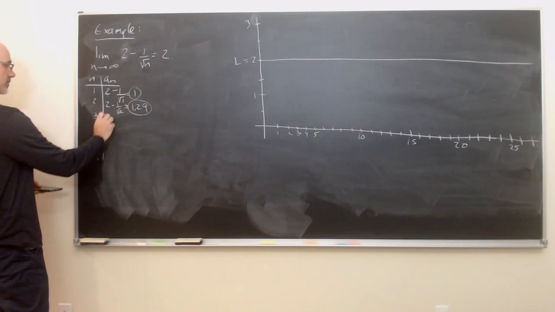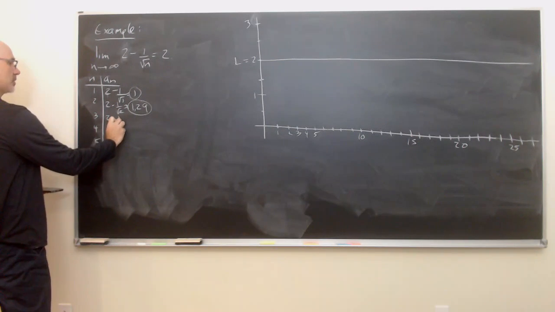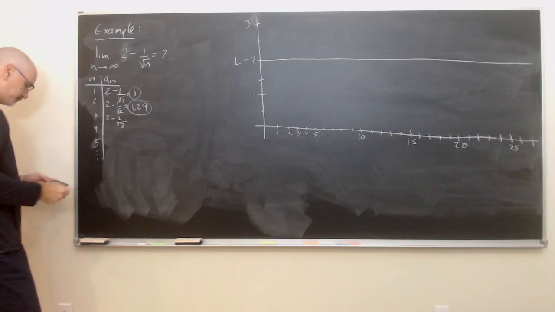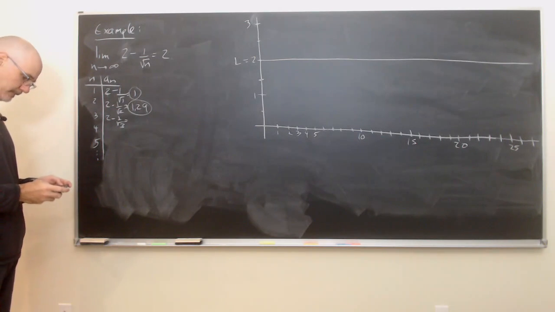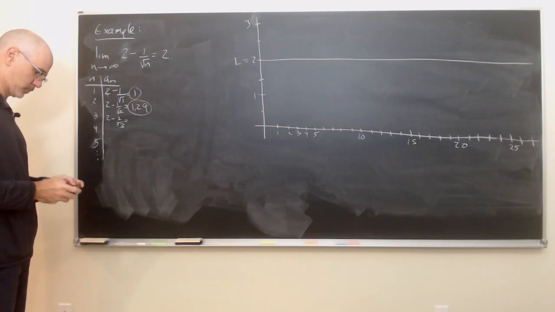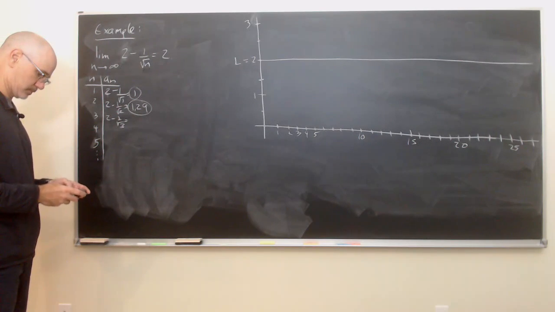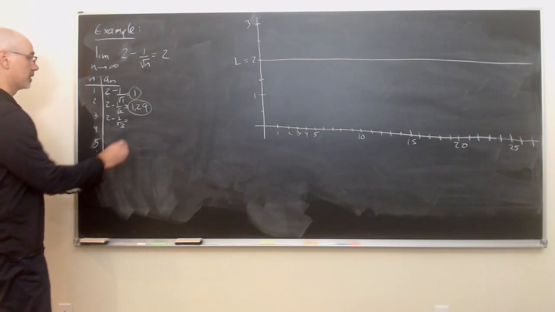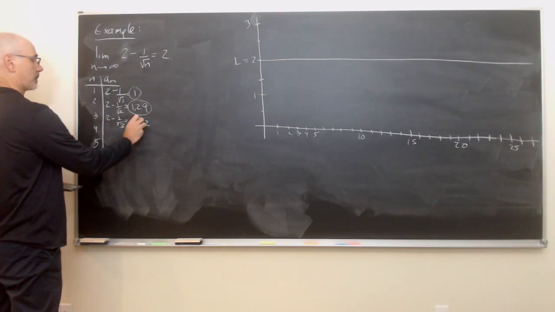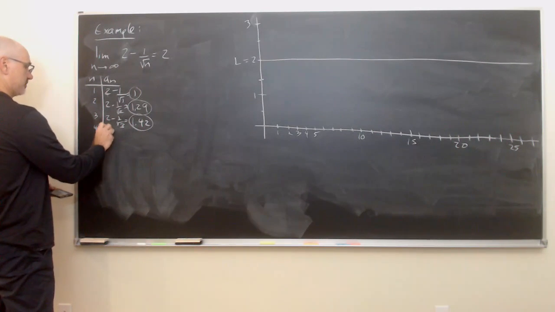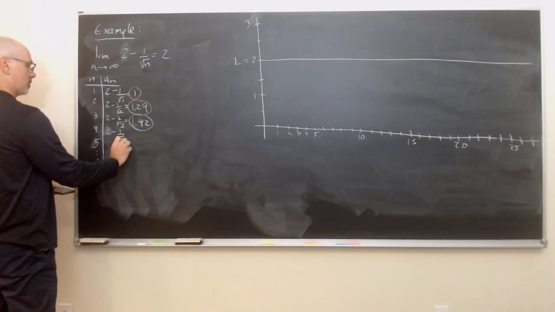And then if n is 3, we have 2 minus 1 over root 3. And that's about 1.42. And if n is 4, we have 2 minus 1 over the square root of 4.